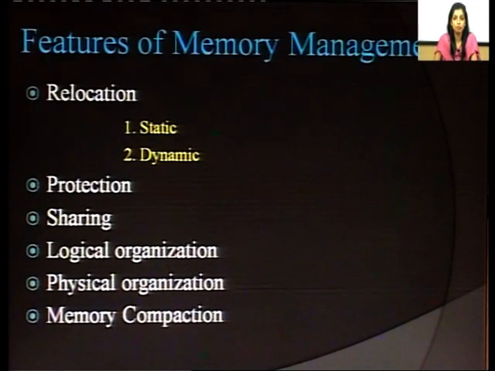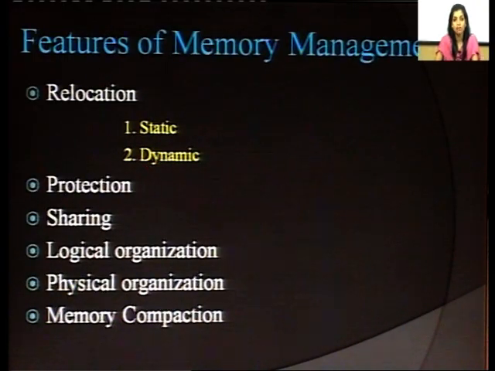So there are some features of memory management. First is relocation. There are two types of relocation, static and dynamic. Relocation means that while we are swapping a process in or out of memory, its relocation is different. Second is protection: how we protect our memory, either in read mode or write mode.